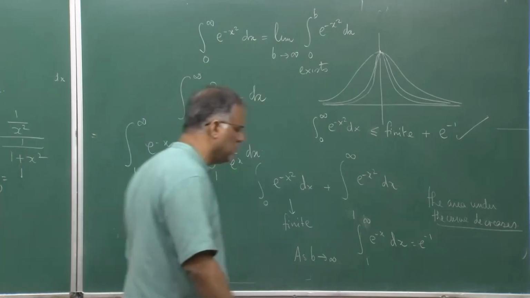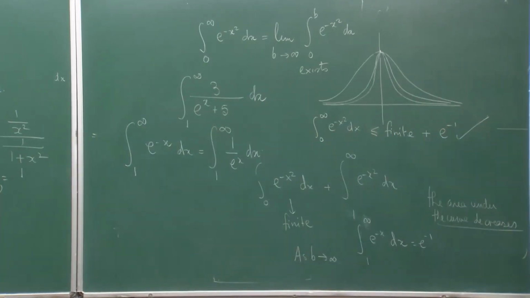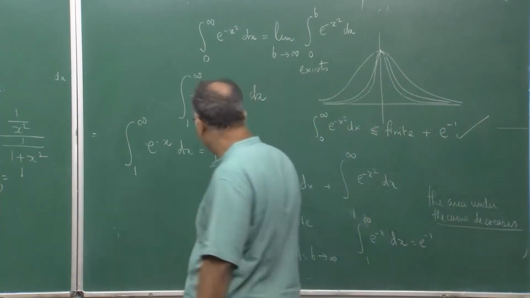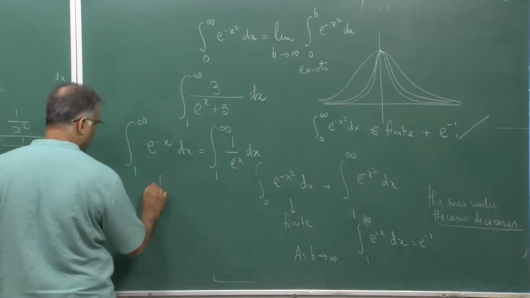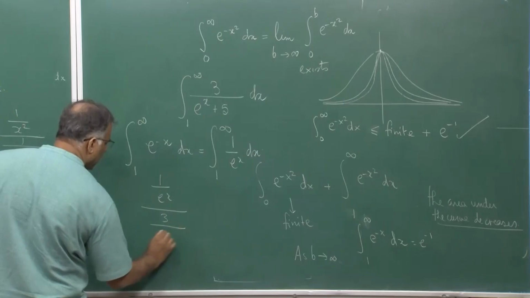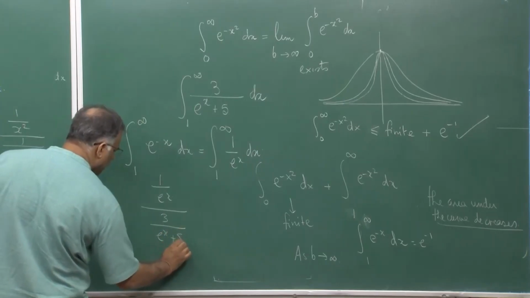This we have already done; the answer is e to the power minus 1. So, take this to be your f(x), and the other one is 3 by e to the power x plus 5.